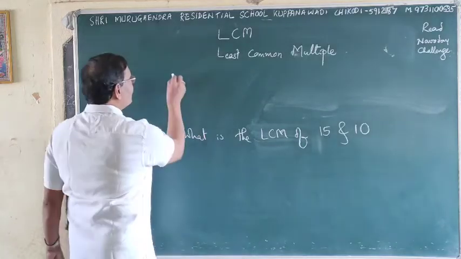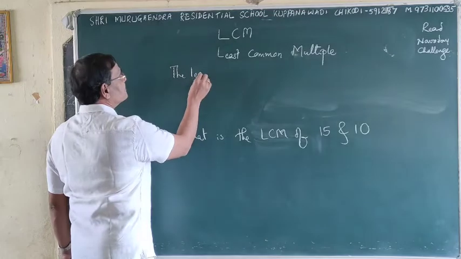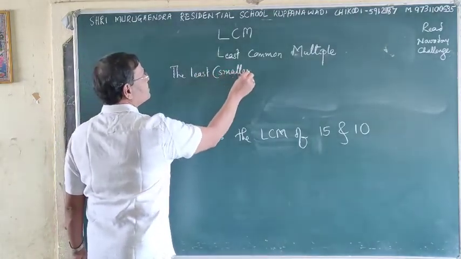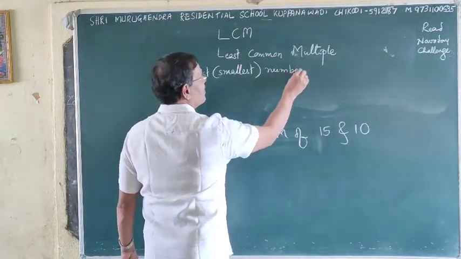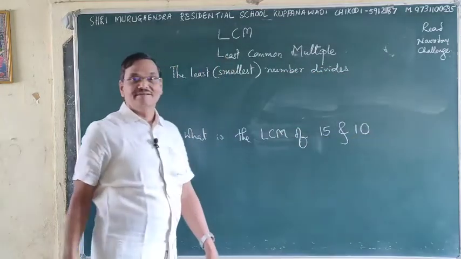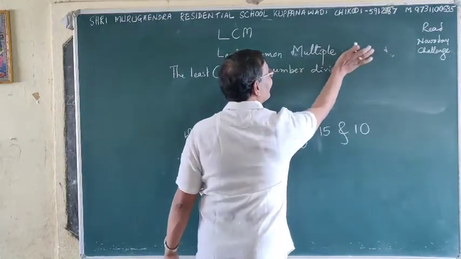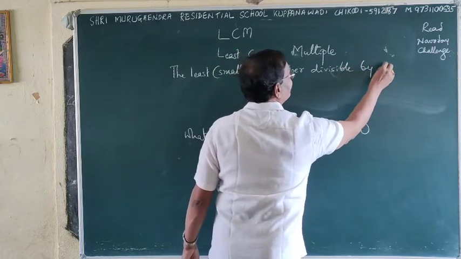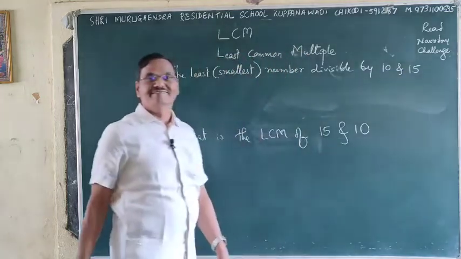See, least means smallest number divisible by 10 and 15.